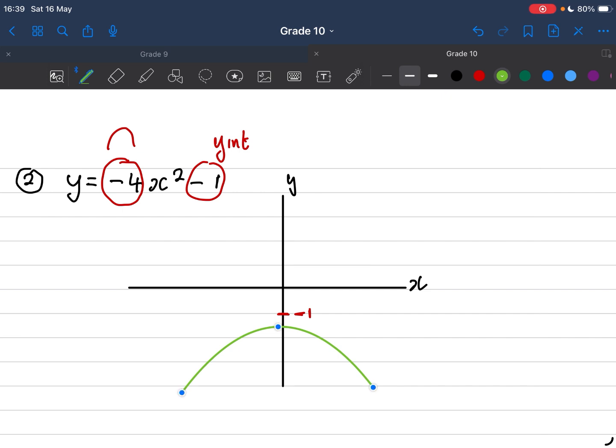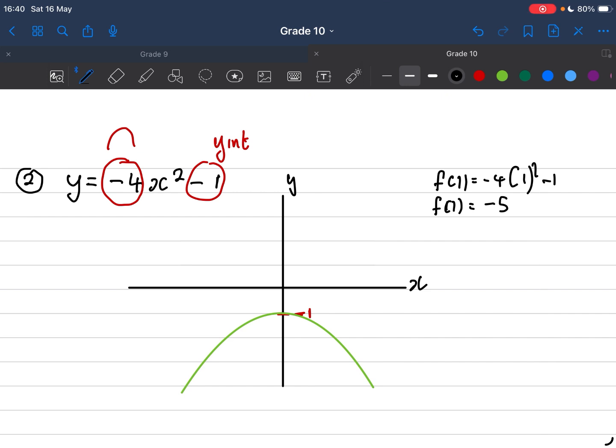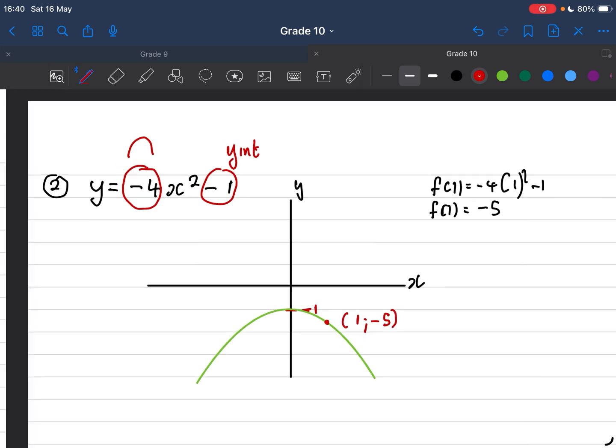It goes through there, something like that. We need one other coordinate, so let's find f of 1. So negative 4 times 1 squared minus 1, so f of 1 is equal to negative 5. So it should be somewhere along here: (1; negative 5).